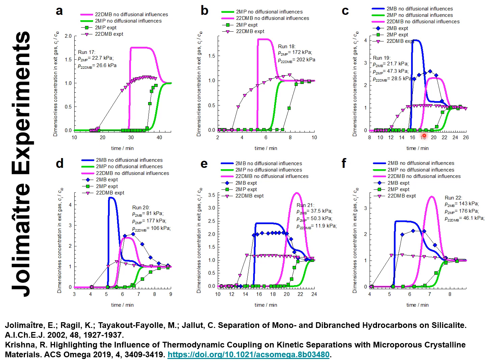This reversal in the order of breakthroughs of 2-methylbutane and 2,2-dimethylbutane is purely ascribable to the significant differences in intracrystalline diffusion due to the significantly lower mobility of 2,2-dimethylbutane within MFI zeolite. 2,2-DMB elutes first. So diffusion overrides the hierarchy of adsorption.